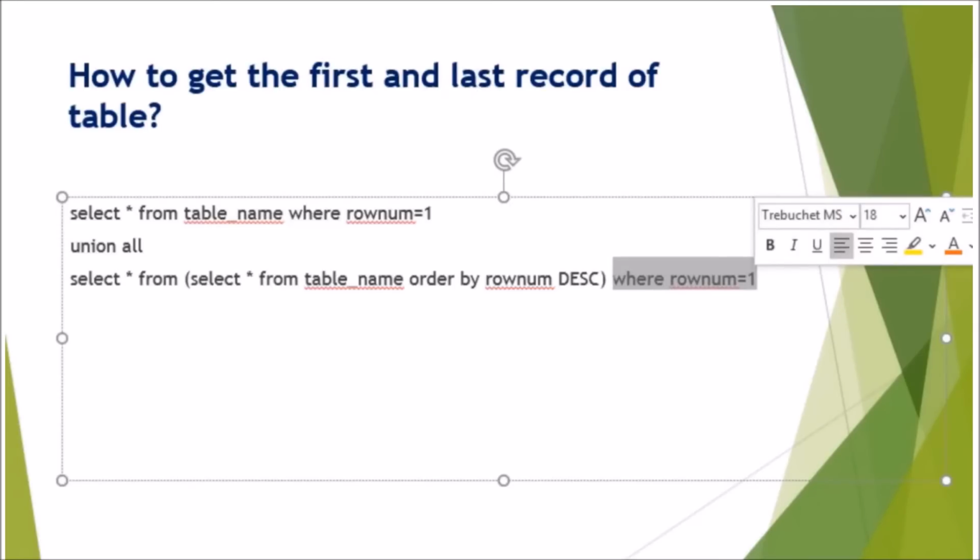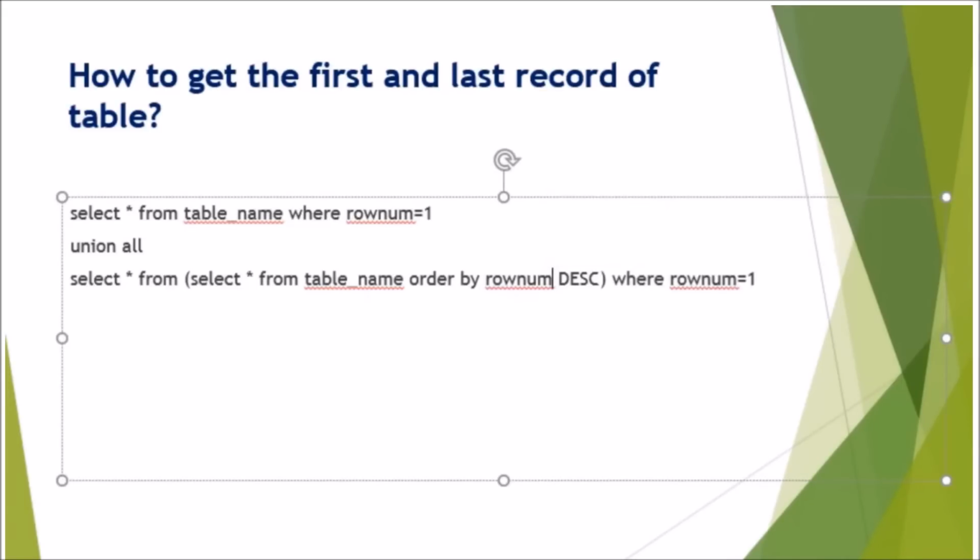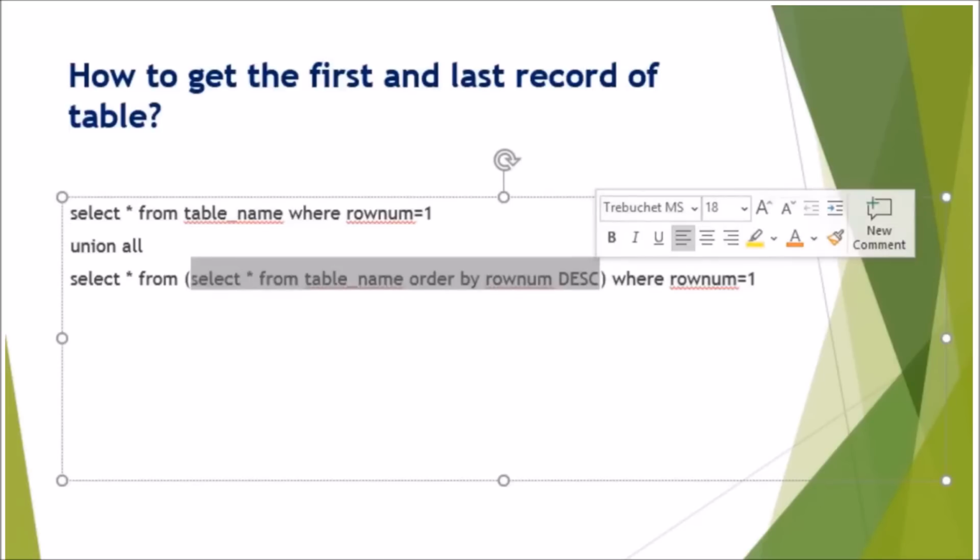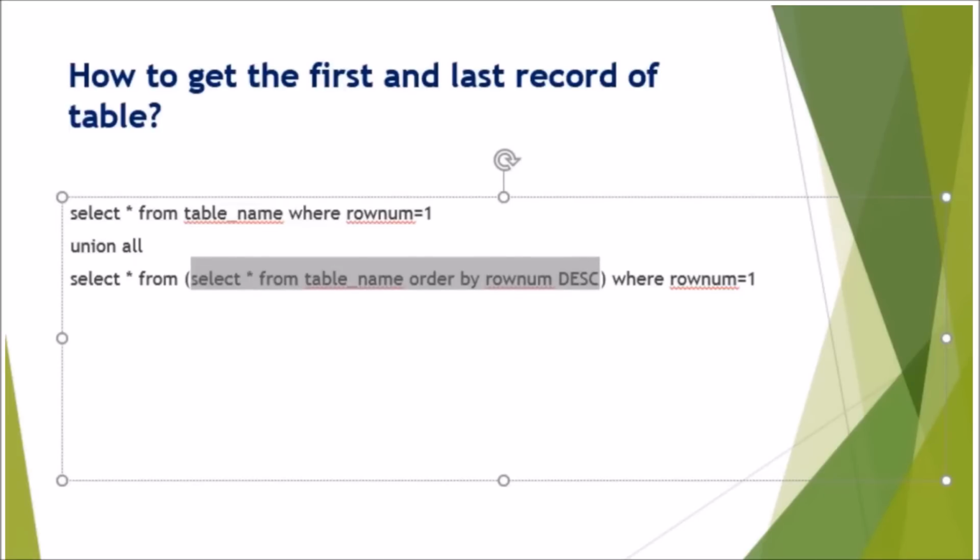Again it will take the first record of that result set, which is nothing but the last record, the first record of this subquery. So the last record will be the first record if you perform this subquery select statement. In that it picks the first record, because we are giving rownum equals 1.